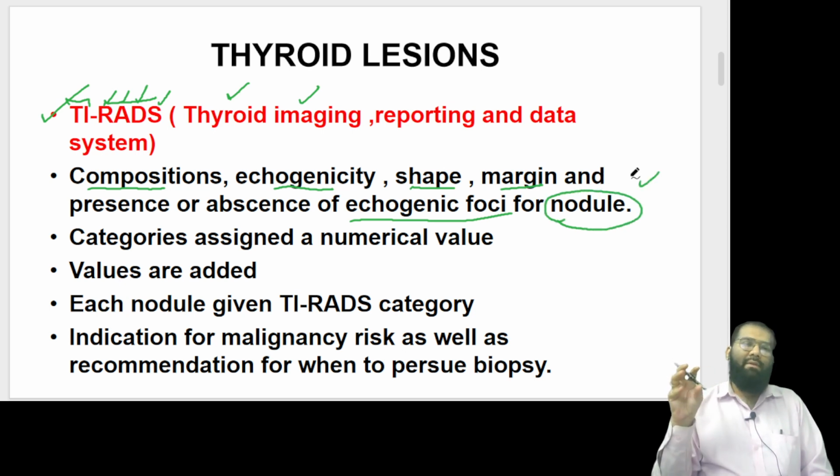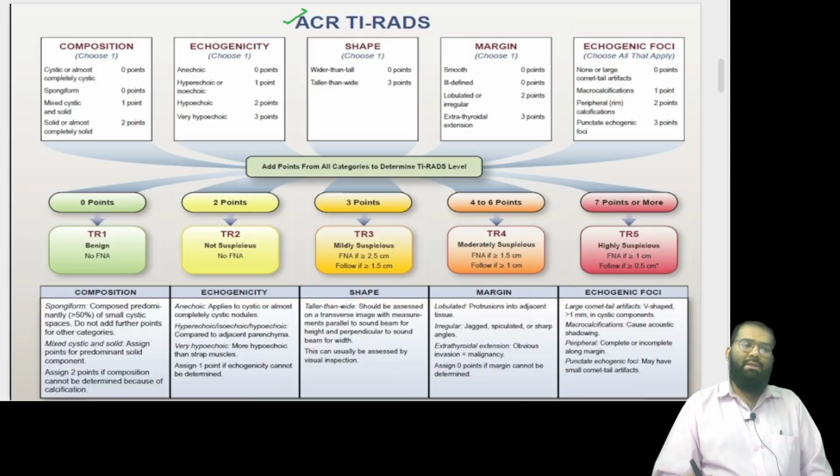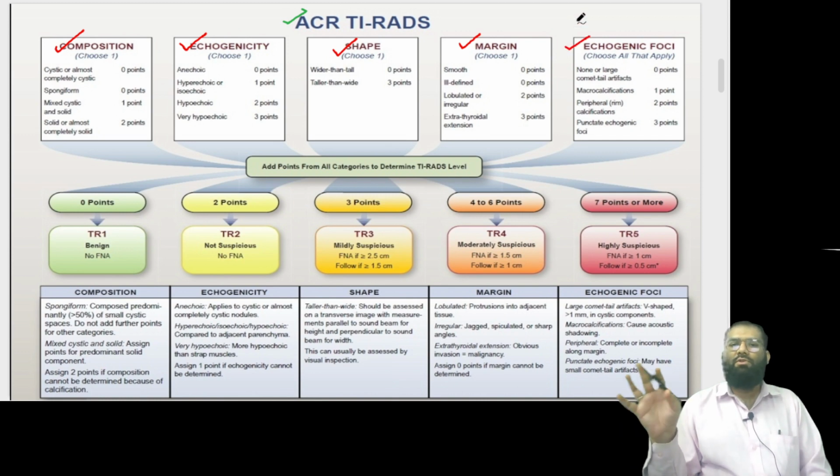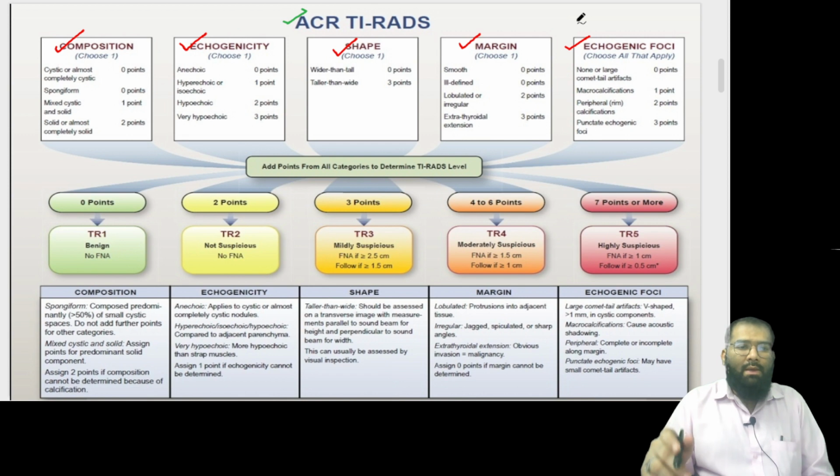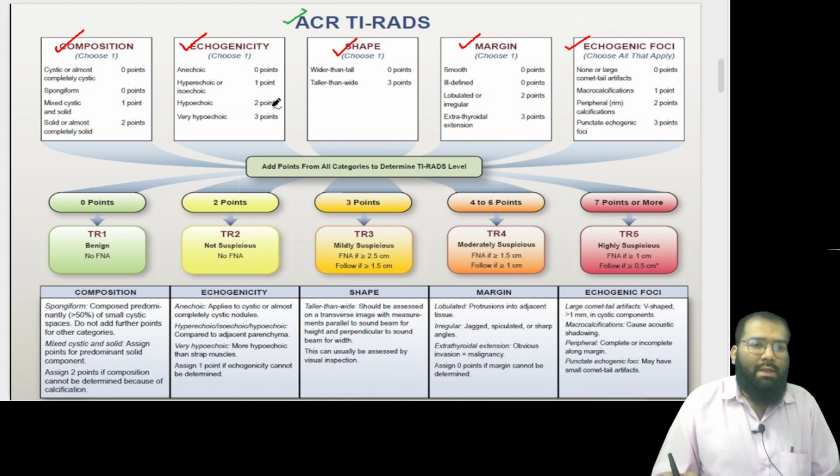Whenever you have any lesion in the thyroid gland, you call it a lesion or nodule, and within that nodule you have to look for these five important things: the composition, the echogenicity, the shape, the margin, and the presence or absence of echogenic foci.